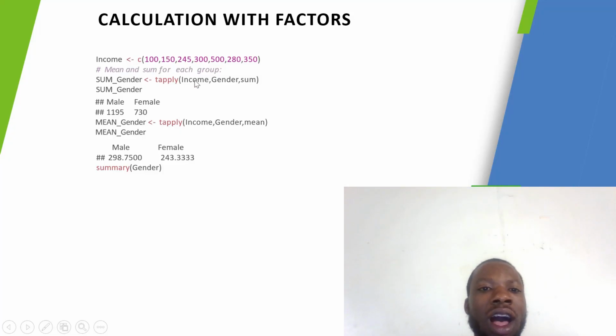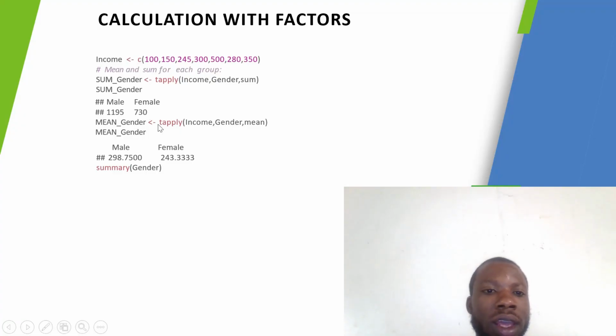In gender, I have male and female, but I need to see the total. So I'm going to see the male and its total, and the female and her total.